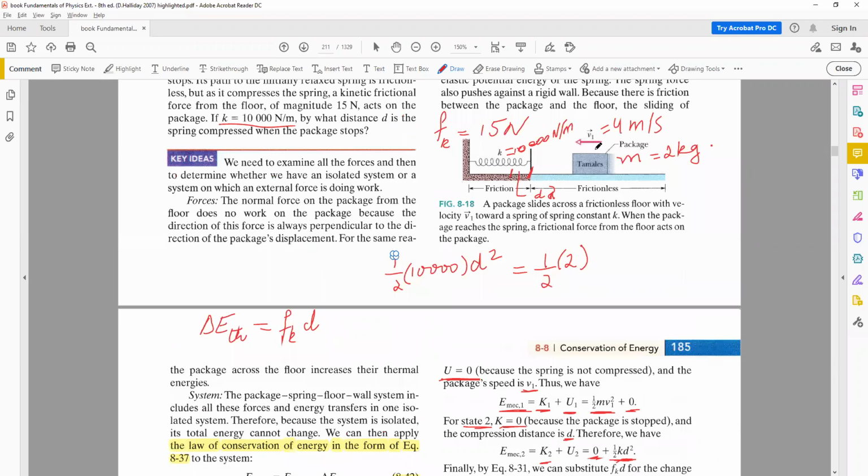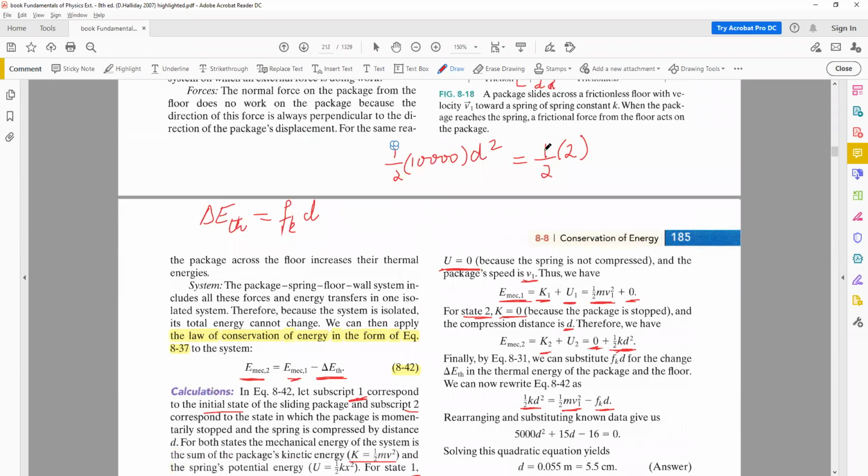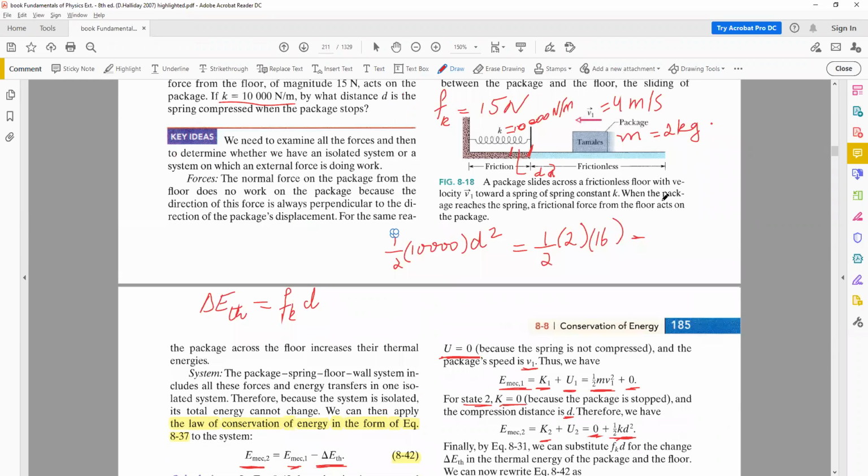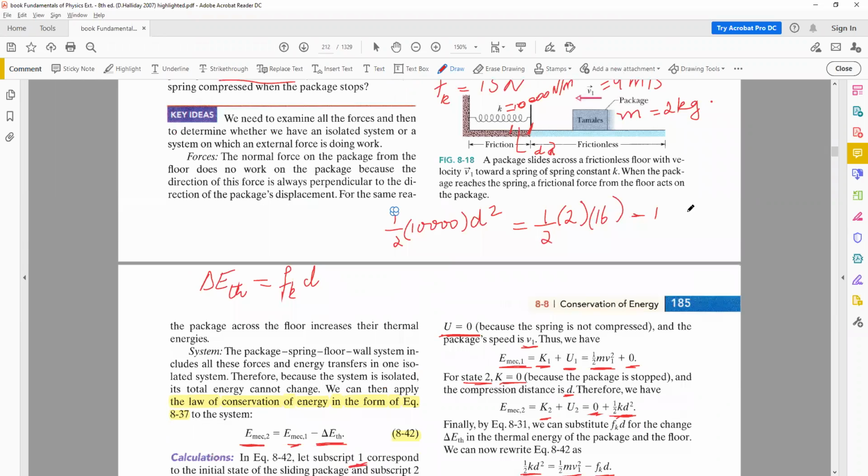The velocity was 4, so 4 squared is equal to 16. So minus Fk. Fk is 15 newtons multiplied by D. We don't know D. Now we can cancel this and we will get 5,000 here, and we can cancel this and we will get 16.